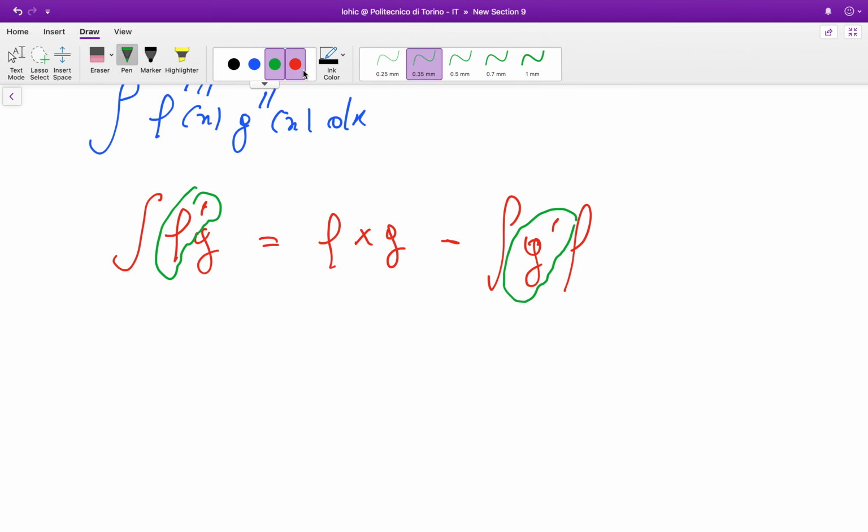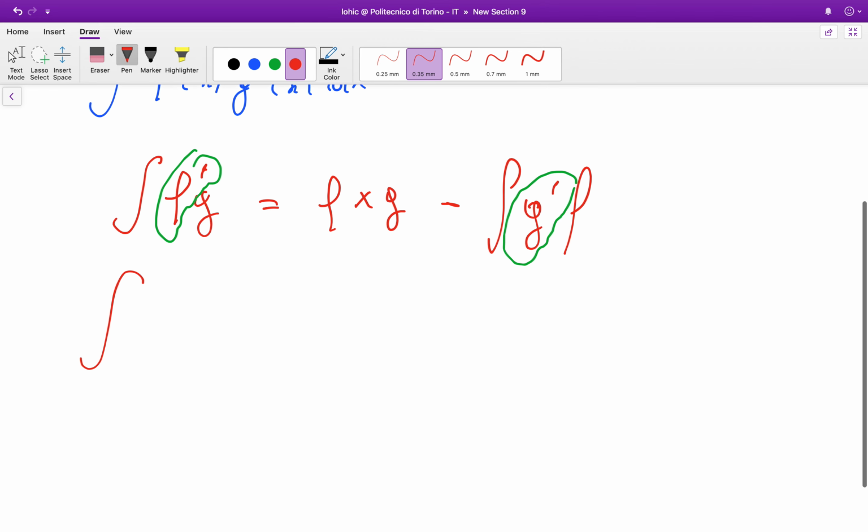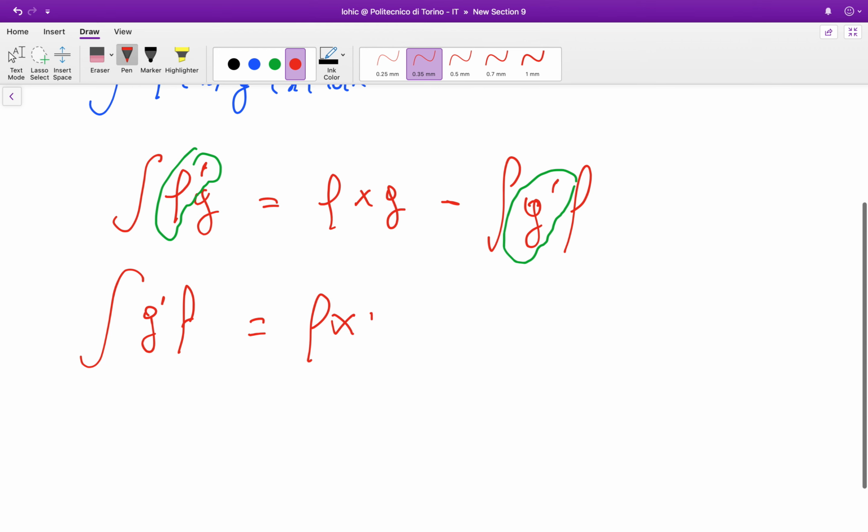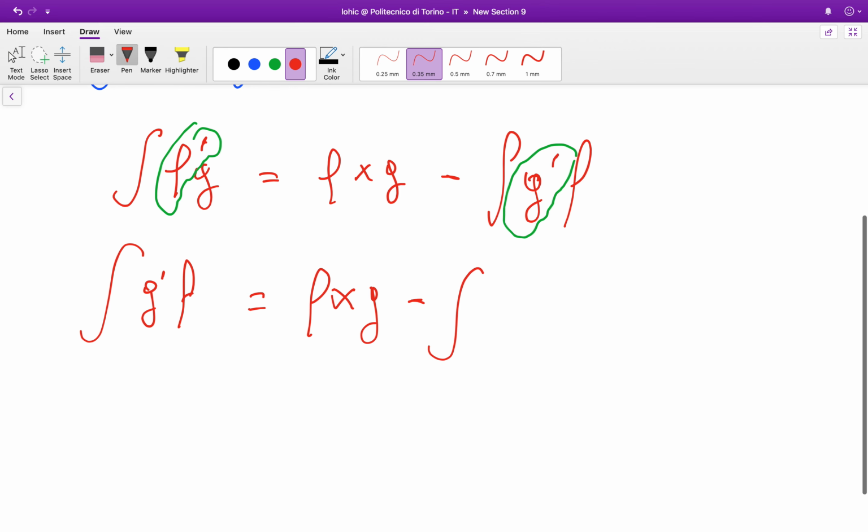Or you can also see it like this: the integral of g prime times f will be equal to f times g minus the integral of f prime times g.